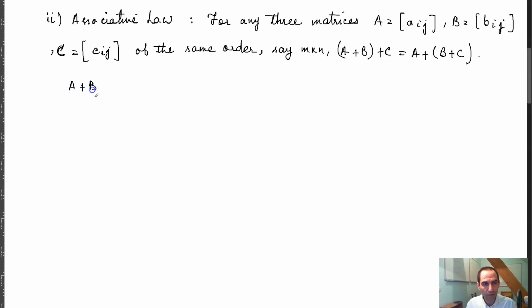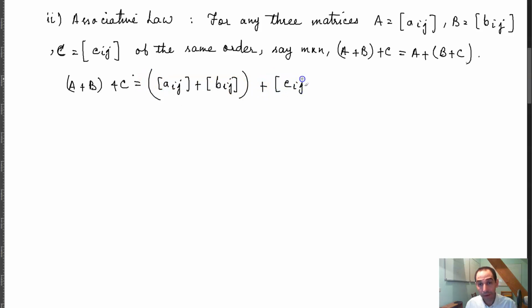A plus B plus C is the same thing as A of ij plus B of ij plus C of ij, and that is the same thing as these two matrices added together, which is A of ij plus B of ij, right? So that becomes a matrix, plus C of ij.